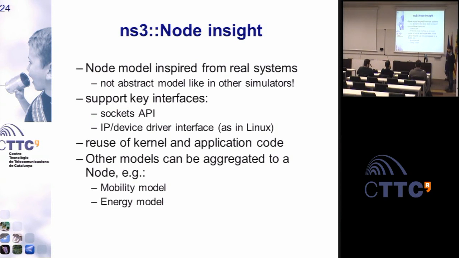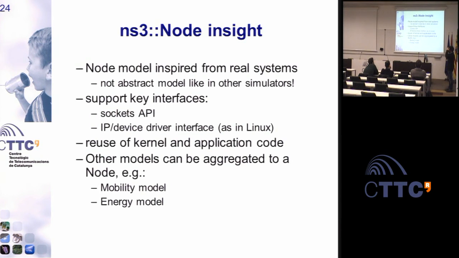And the interface between the networking stack and the equivalent of the network interface card was modeled after Linux net devices. And this, apart from being easy to understand for people who are familiar with these concepts, also has the additional benefit that it makes it easier to reuse existing application code or also kernel code inside ns-3.